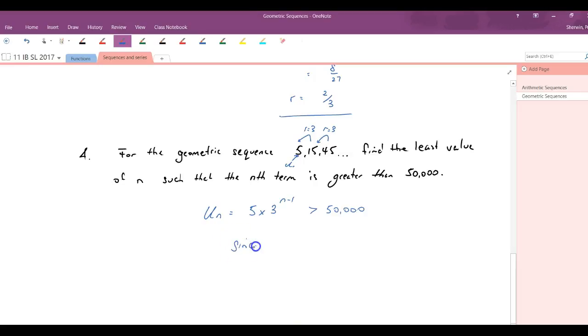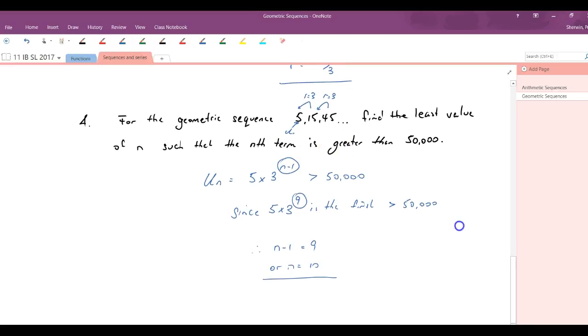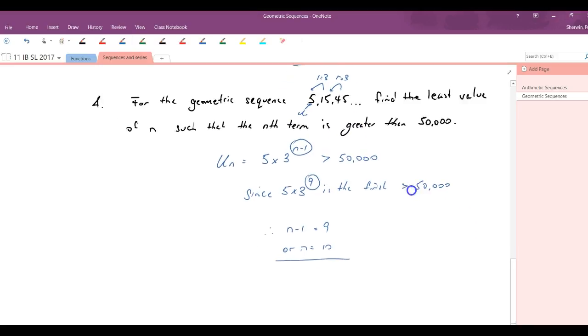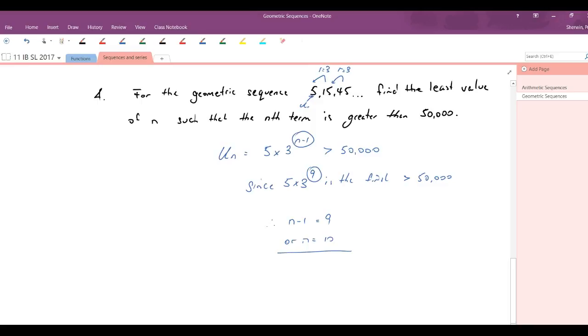Since 5 times 3 to the 9 is the first greater than 50,000, this is the value of 9, therefore n minus 1 has to equal 9, or n is equal to 10. So the least value of n is 10, such that the nth term is greater than 50,000. So it'll be the 10th term that is the first above 50,000.